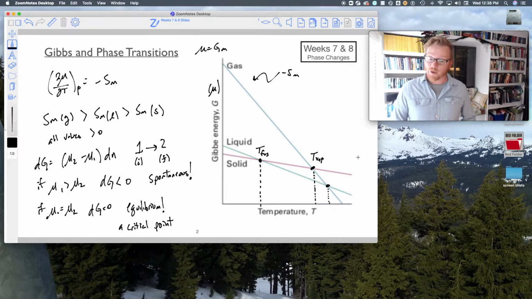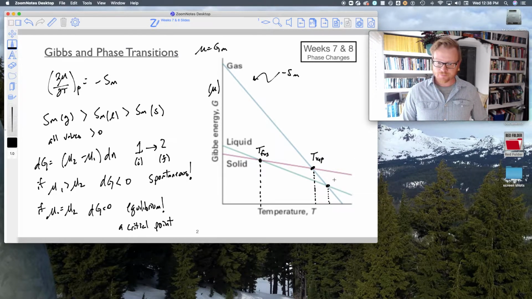That's the boiling point. Super cool. What about where the gas and the solid cross? You guessed it, T sublimation. Okay? Awesome stuff. It's a simple graph. It's a fairly simple idea, but it leads to a really powerful result here.